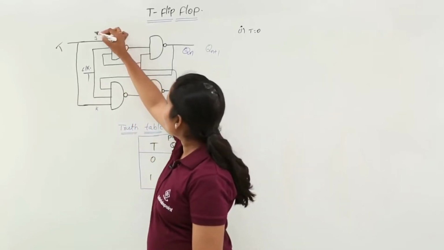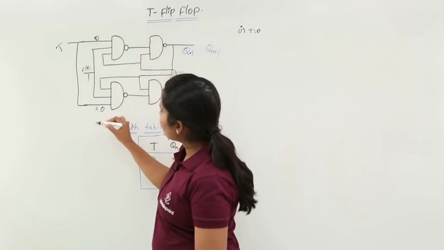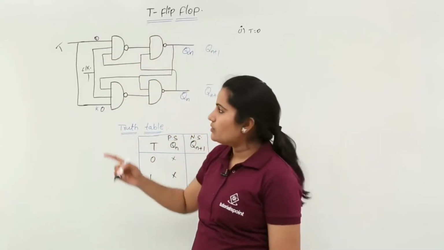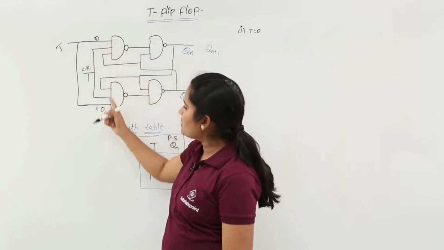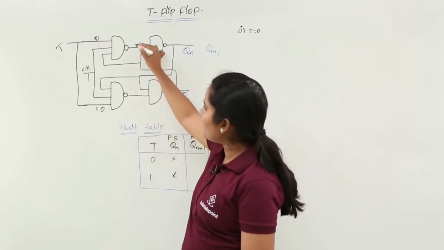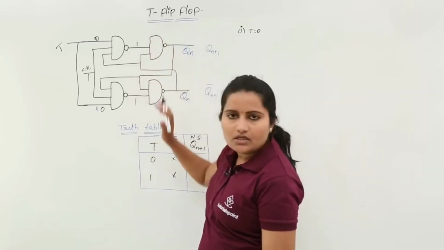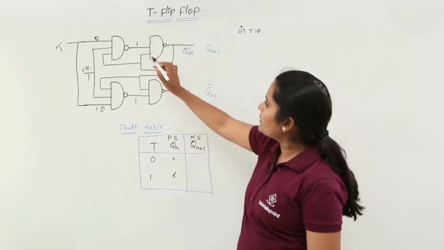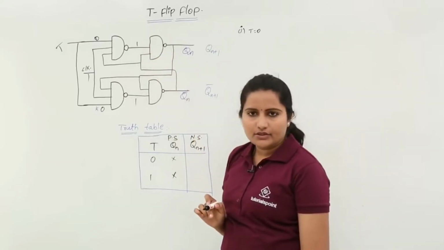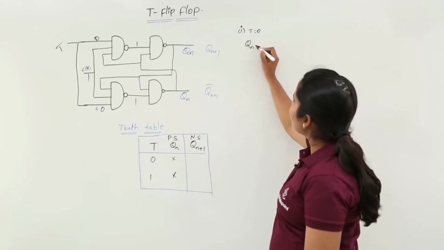Here if T is equivalent to 0, so J equal to 0, K equal to 0 condition will take place. When J equal to 0, K equal to 0, these two gates are going to provide 1, 1 as input of this latch circuit. Now if this gate output is equivalent to 1, then I am writing the equation for Qn plus 1.